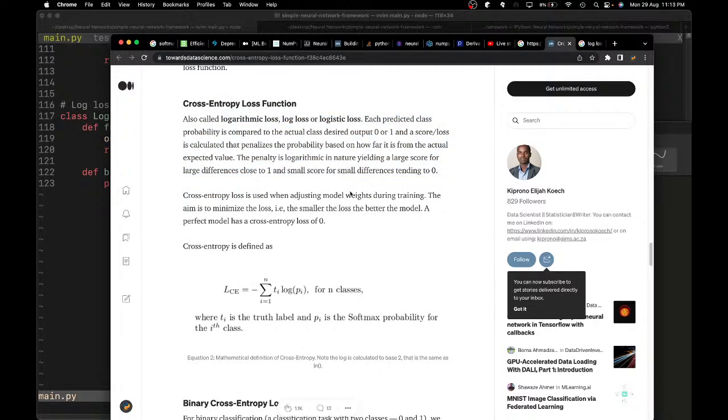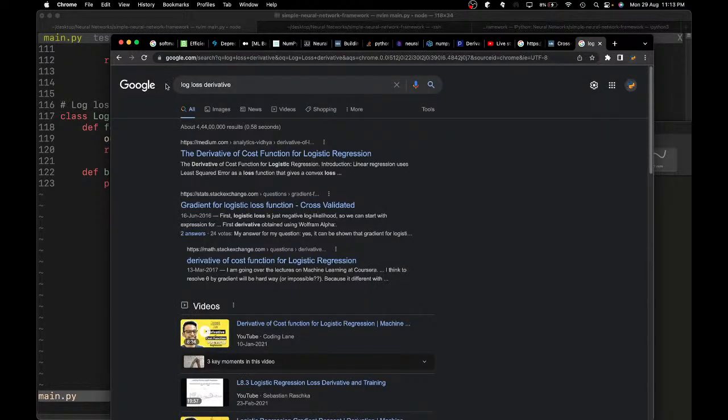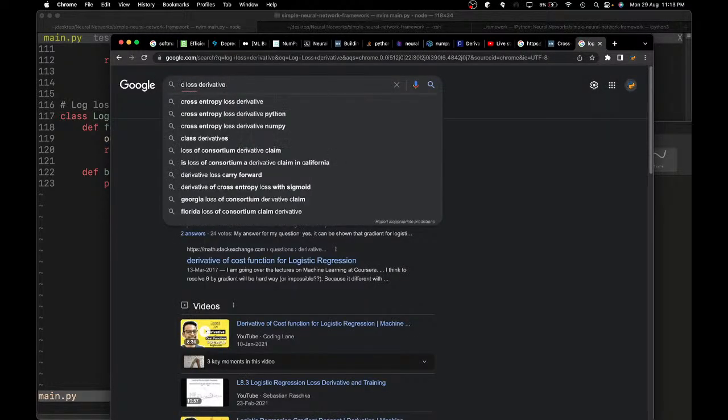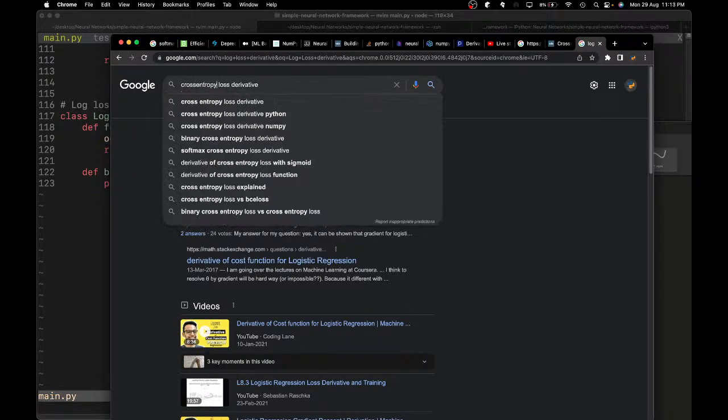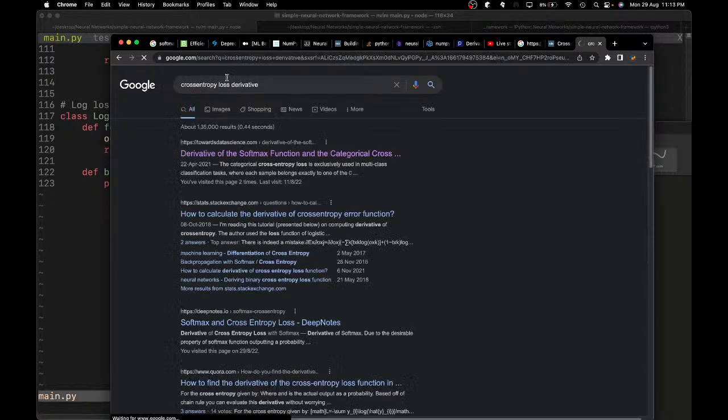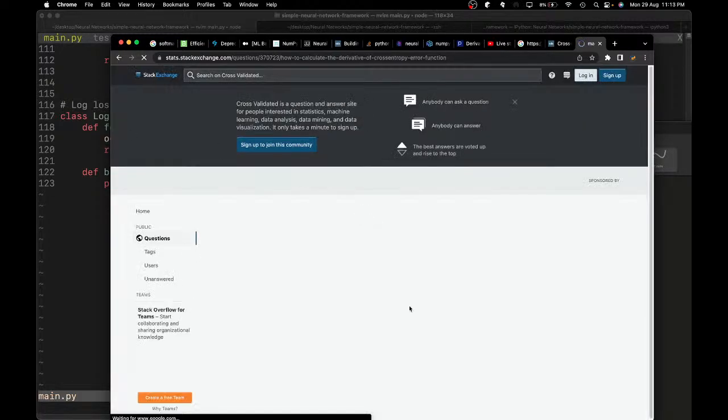Cross entropy loss function. Cross entropy loss derivative. All right, let's have a look at this.